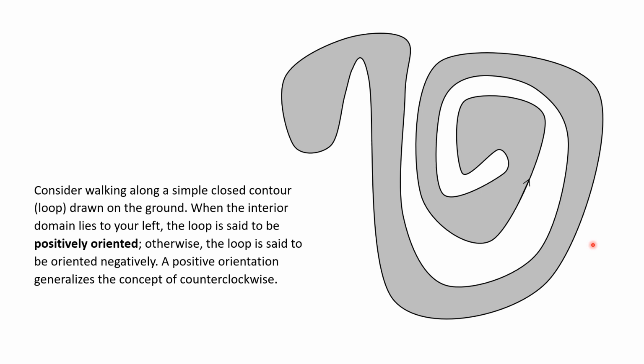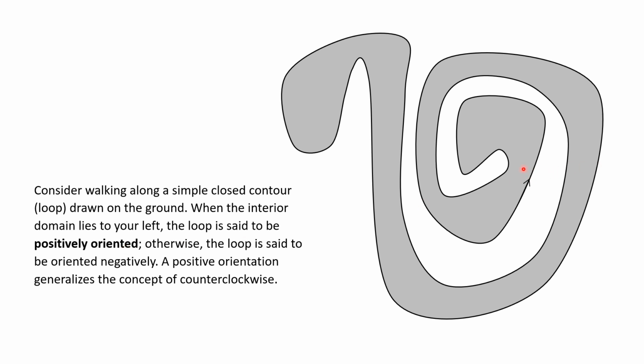And there's two directions of going around this. You notice here I have a little arrow. Just imagine yourself walking along this path, and you put your left arm out, and if it points towards the interior, then the way you're traversing the loop, I should say, is known as being positively oriented.